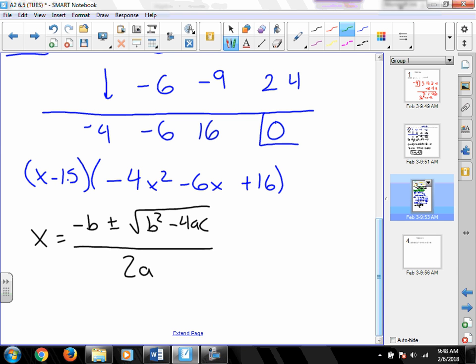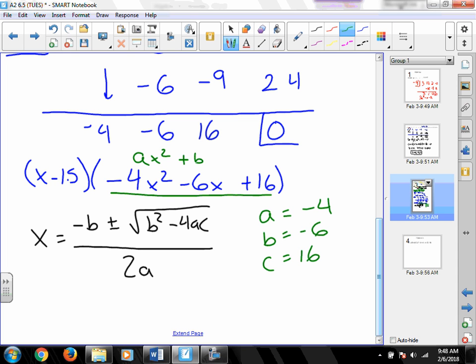So if I look at this function right here, my negative 4x squared minus 6x plus 16, what is my a value? Negative 4. B is going to be negative 6. C is going to be 16. Remember, it's always ax squared plus bx plus c.